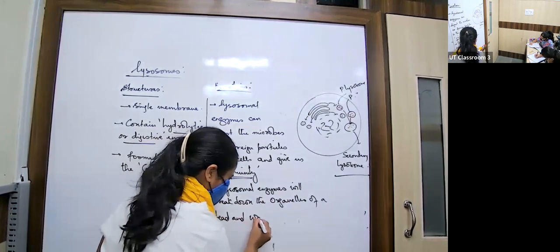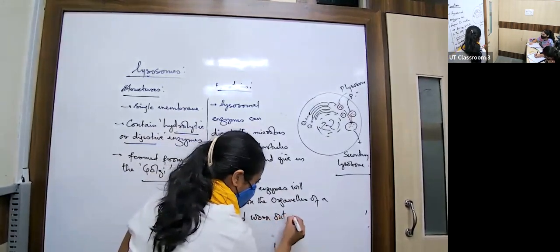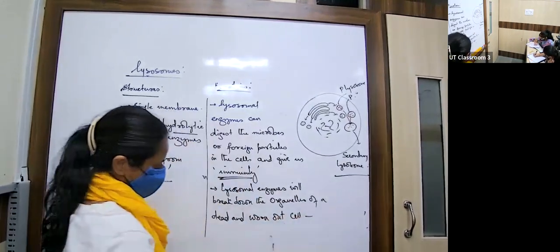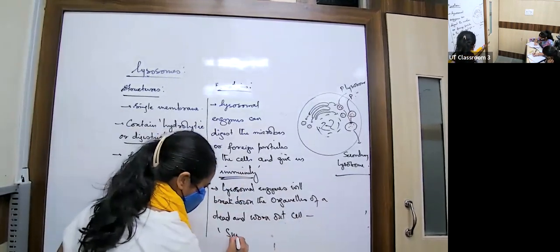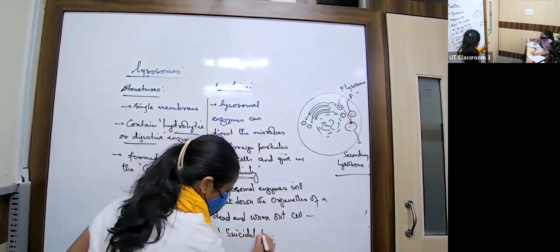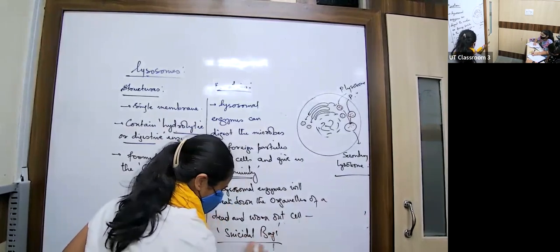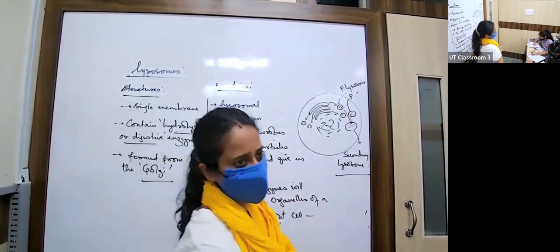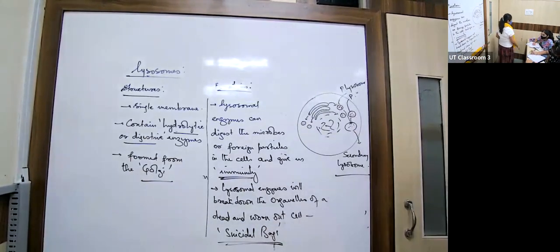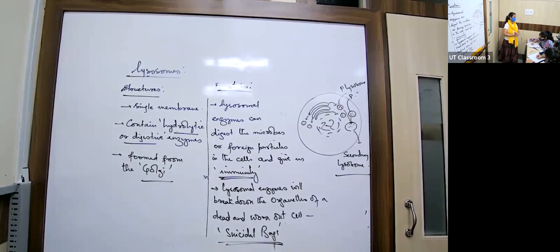At this time, the lysosome is known as suicidal bags. You often get this question in your paper. Why are lysosomes known as suicidal bags? So the second point is your answer.